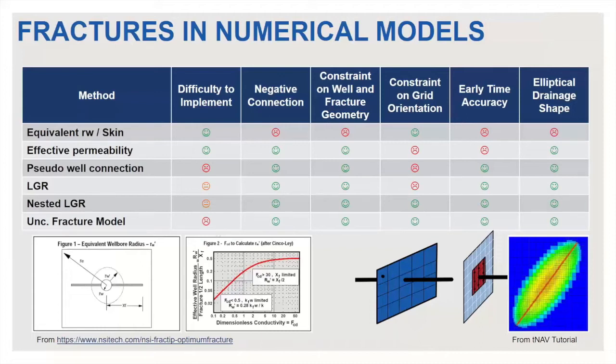You've got the LGR method, the nested LGR method, which is the method that we're going to present in this webinar, and finally the unconventional fracture model, which is basically a full physics modeling of fractures. It's very time consuming. It's well suited for a single well model, but if you go to a multi well, it's quite painful to implement.